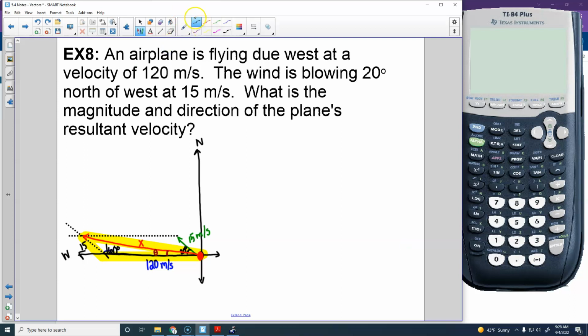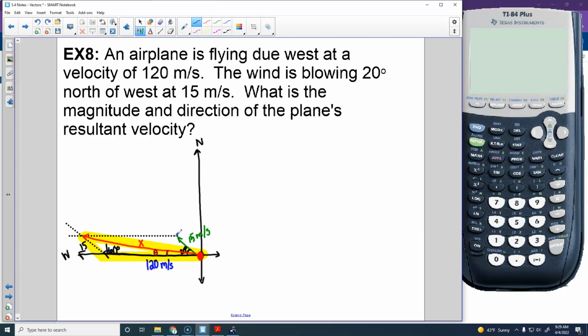Grace, how can we set up to find our X here? Can we use regular trig on this one, like sine, cosine, and tangent? I cannot. Why can I not use sine, cosine, and tangent? It's also 160. But even if I had it, I still couldn't use just regular sine, cosine, and tangent.